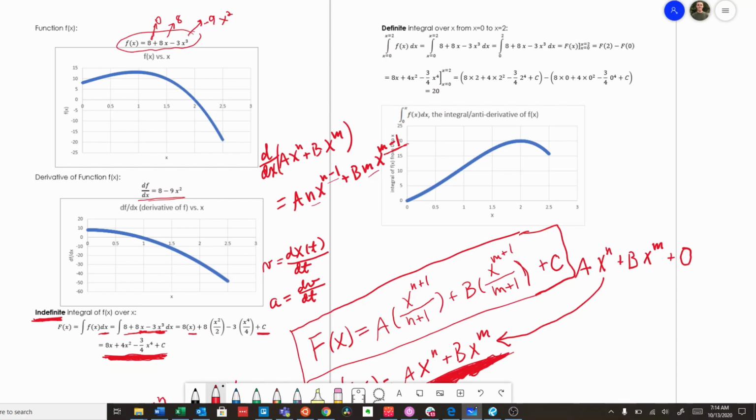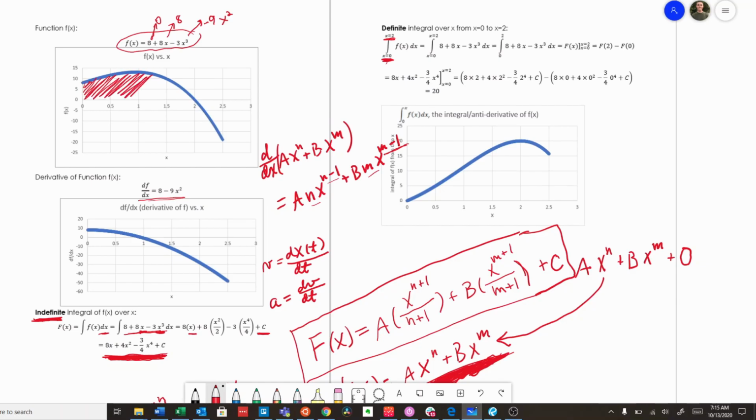Okay, and when we're talking about the definite integral, we put these definite limits, the 2 points under which we're interested in the area of the curve, up here and down here for the lower limit and up here for the upper limit. So this says, give me the integral over this function f of x dx from x equals 0 to x equals 2.